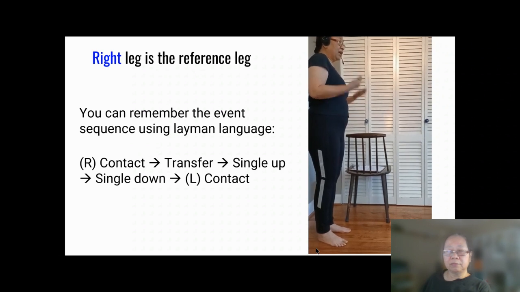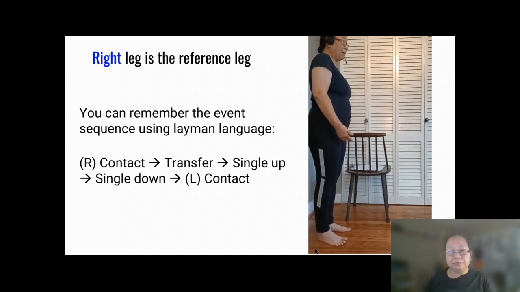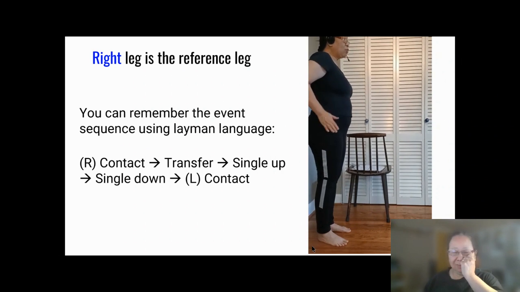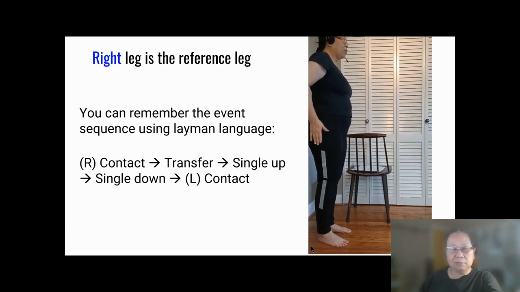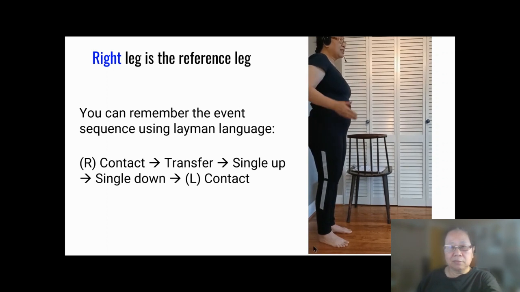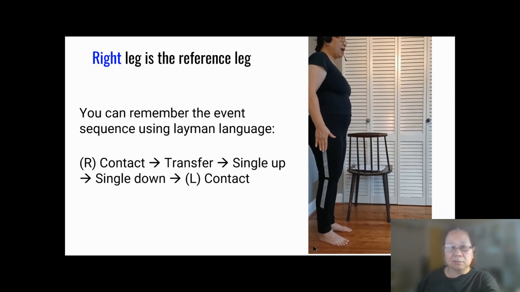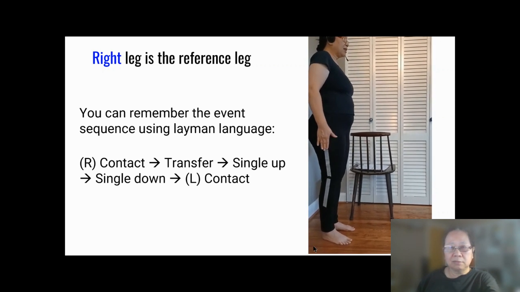I think if you experience the phases, it's easier for you to remember. First thing, we always want to have a reference leg when we describe gait phases. So you'll say, this is this phase of right leg. I want you to use right side as the reference leg.